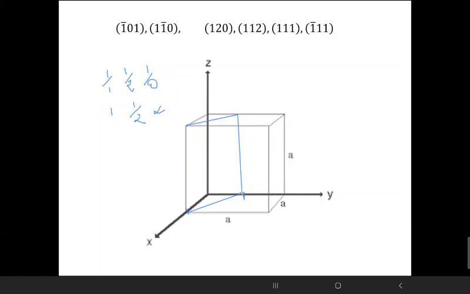Then this is your plane. It should be parallel to the z-axis. Do you have any doubt with this? If you have any doubt, you can send me a message in the chat box so that I can explain more.